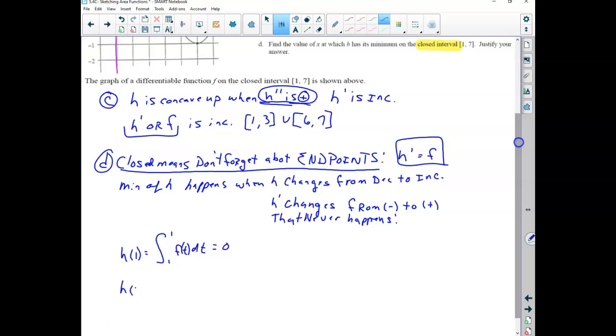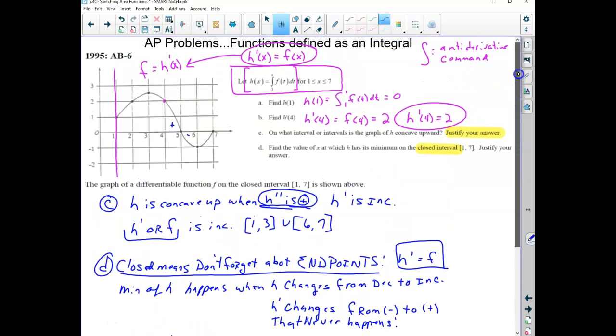And I also need to know what h of 7 is going to be. Well, h of 7 is going to be the integral from 1 to 7 of f of t dt. And what's that going to equal? Well, I can see roughly I've got a whole bunch of positive area here, right?